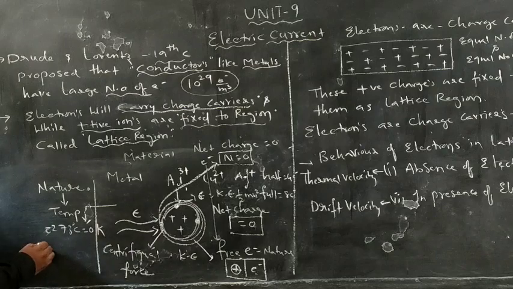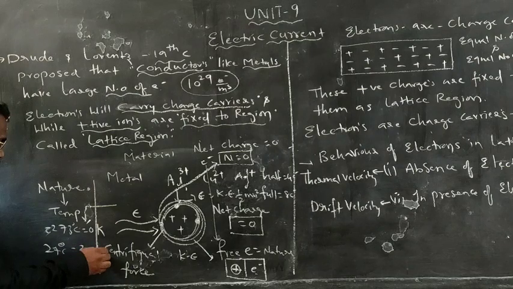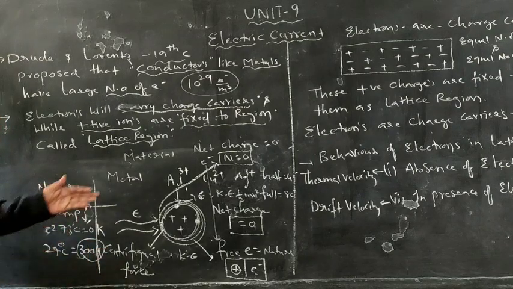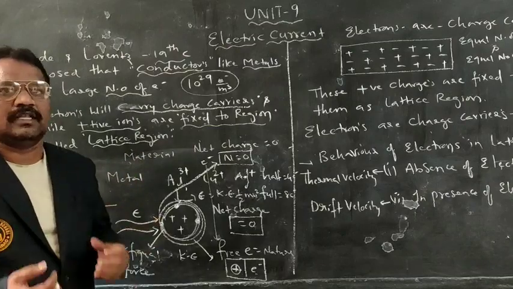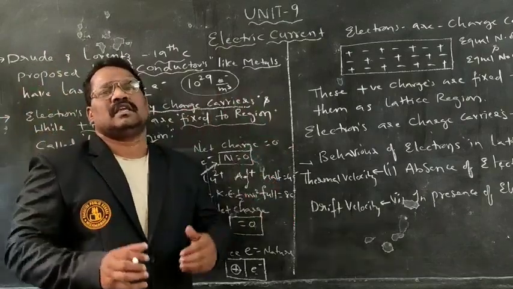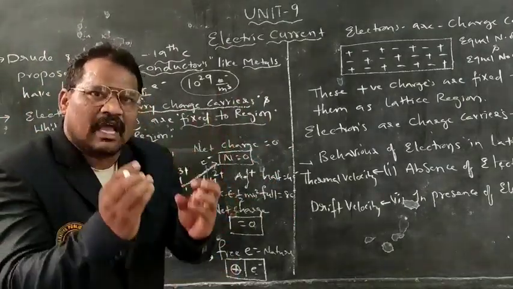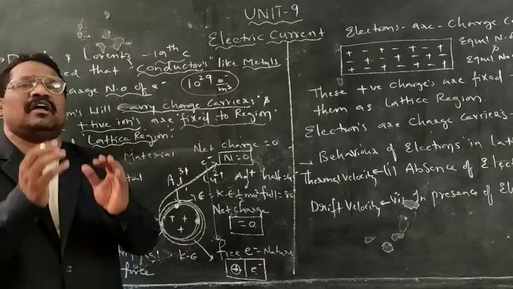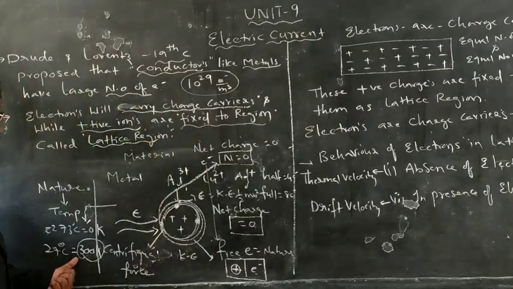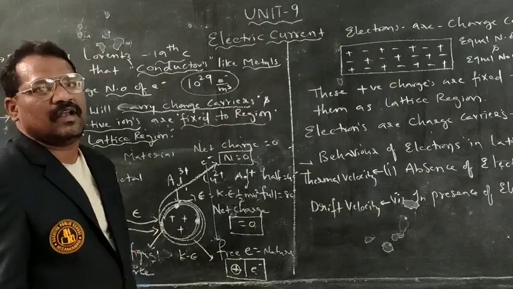If I take room temperature as 27 degrees centigrade, that is 300 Kelvin, an atom can gain energy from nature. Every body existing in nature is affected by this minimum temperature. That temperature is 300 Kelvin energy.